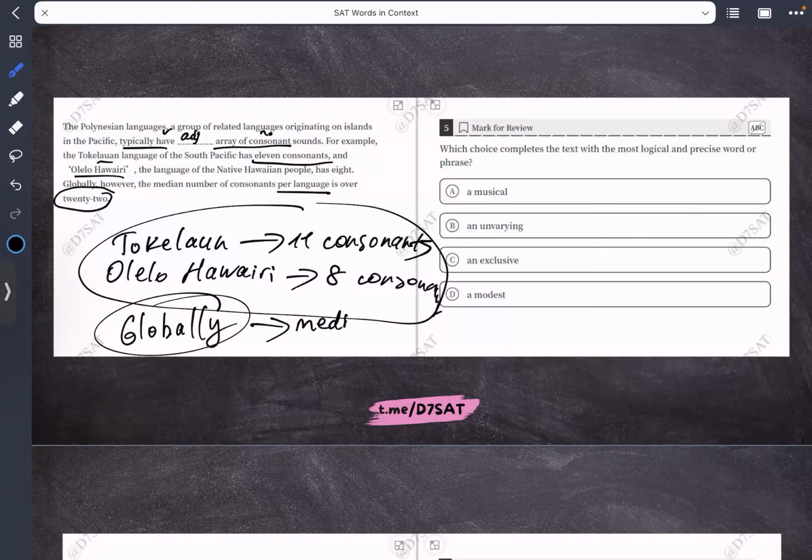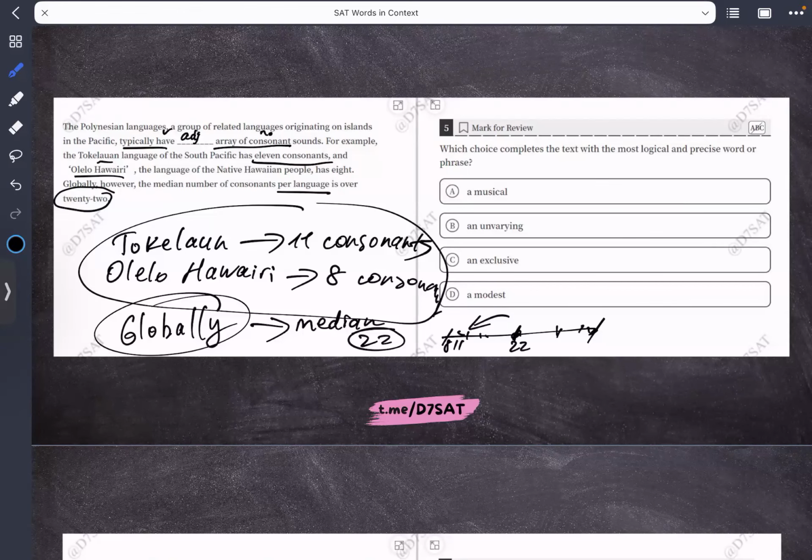Median means the mid one, mean is actually the average. So 22 is something here, and we got 11 and 8 here. As you can see, it's really low, really small numbers.